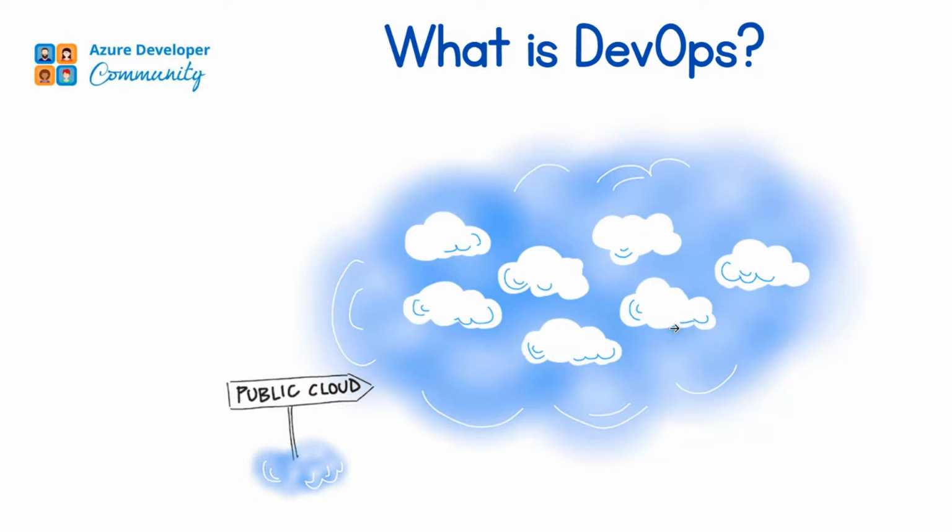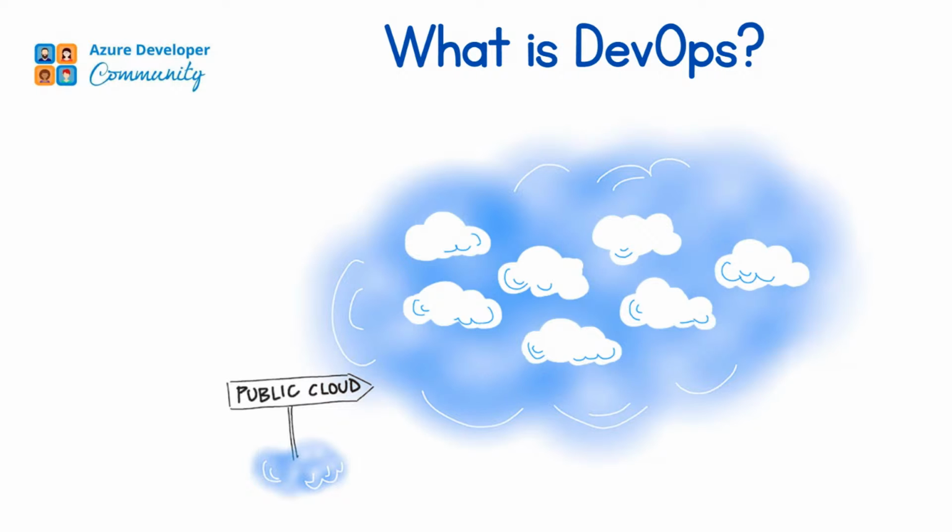So yeah, on the Azure Developer Community or on a skill channel, I published a video on what cloud computing is, how you can use it, and what the benefits are. So you can check it out. In that you will find what PaaS, SaaS, and IaaS are, that is infrastructure, platform, and software as a service. So those are the three kinds of services provided by the cloud provider.